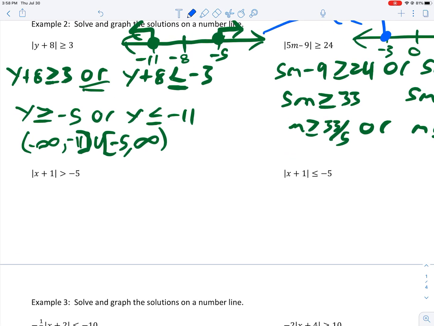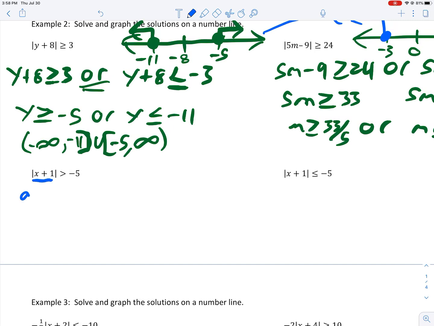These last two here are special cases. Absolute value of x plus 1 is greater than negative 5. Is there a number that has an absolute value greater than negative 5? Yeah: 0, 1, 2, 5, 10, 20, negative 5 is 5. So actually all numbers.